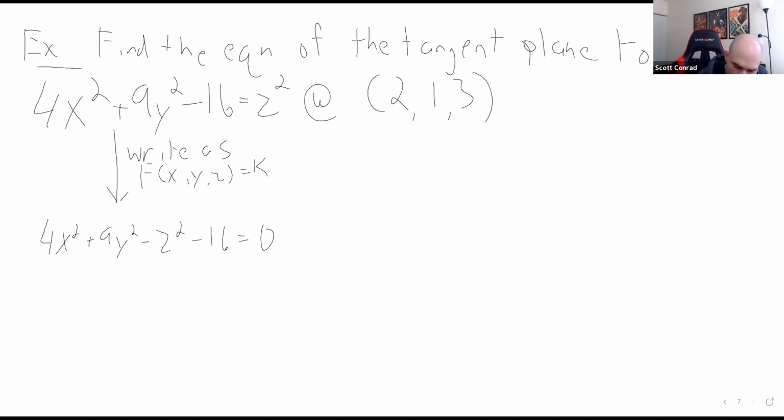It doesn't matter. But this here is going to be our function of 3 variables. And this is going to be the level surface, F of x, y, z equals 0. Does everyone understand this point? You just need to throw all the variables on one side. And the thing involving all the variables, that's your function.